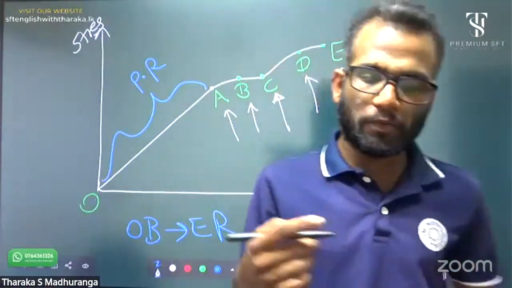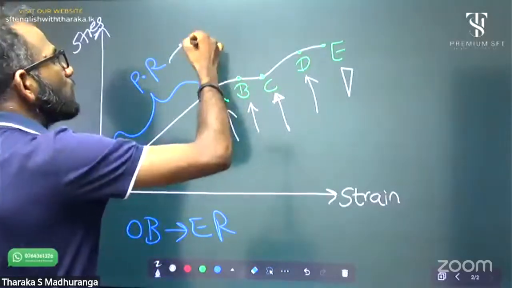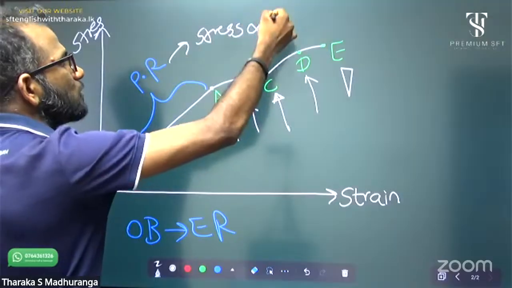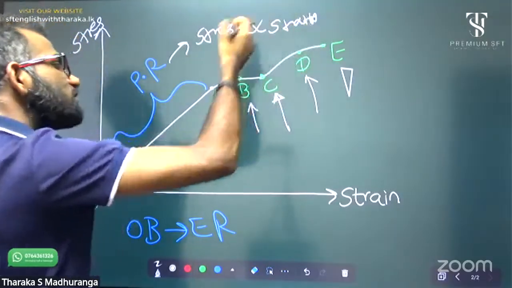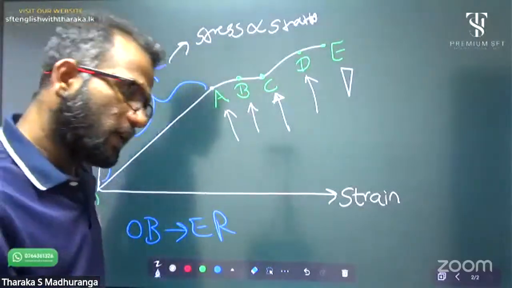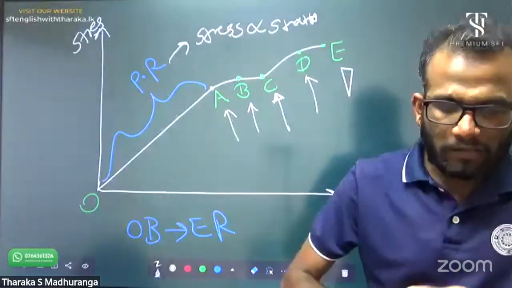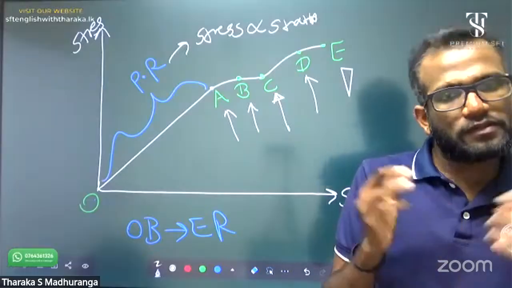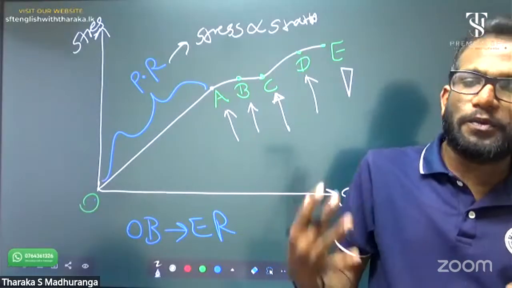Proportional characteristic means stress is proportional to strain.